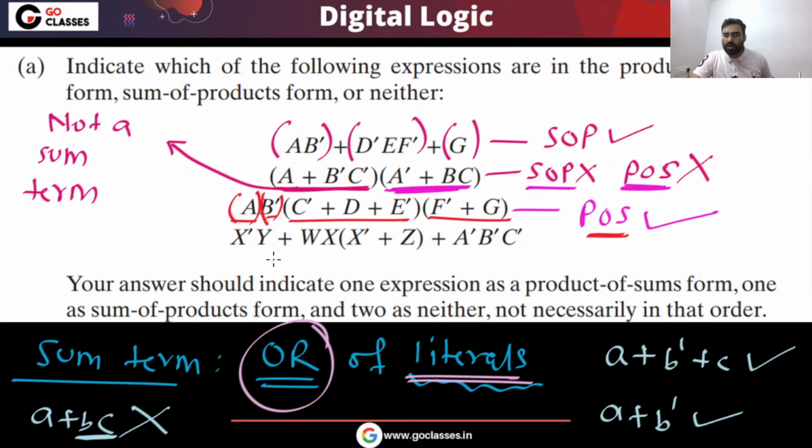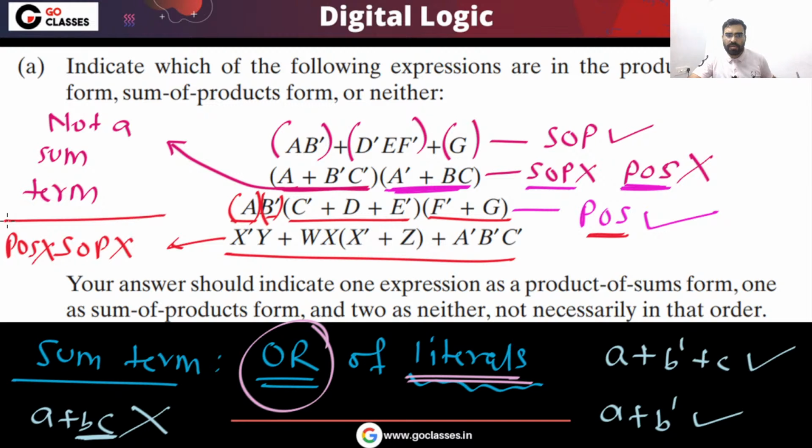So this third is POS. And what about the last one? This is neither SOP nor POS. Is this clear? Please let me know. So remember, you can check it. Basically one is in product of sum, one is in sum of product, and two are neither.